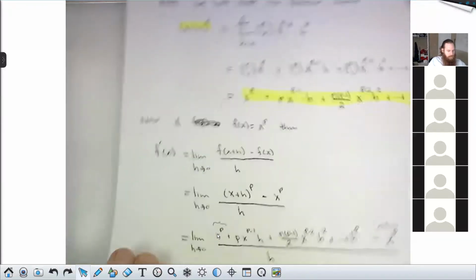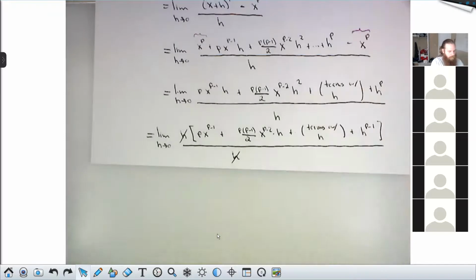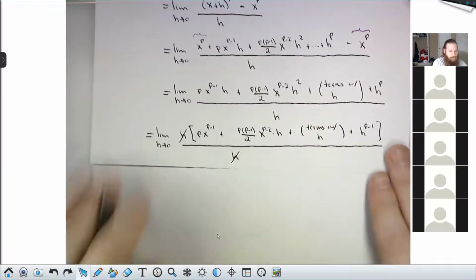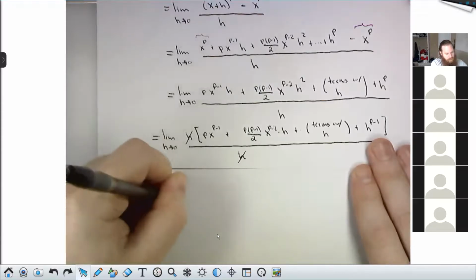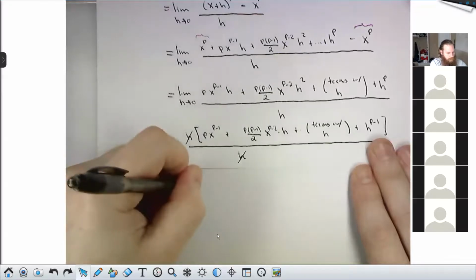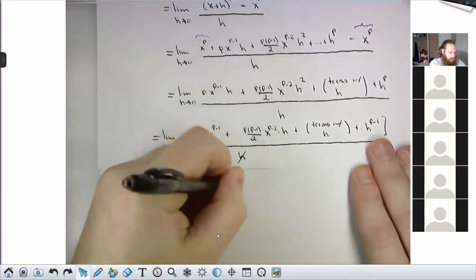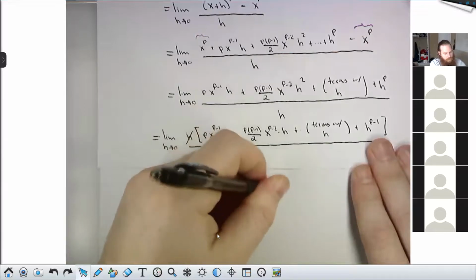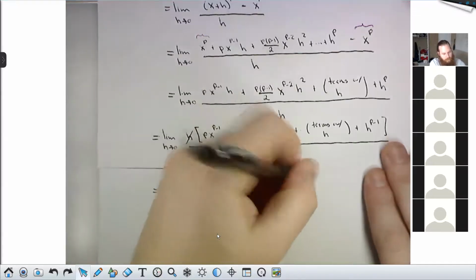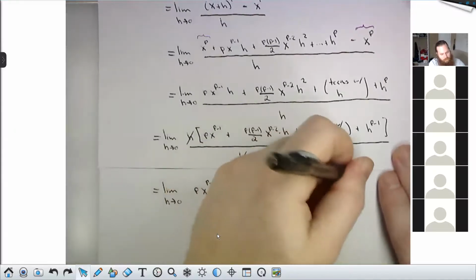And what is left here is the limit as h goes to 0 of p times x to the p minus 1 plus p times (p minus 1) over 2 x to the p minus 2 times h plus terms with h plus h to the p minus 1.